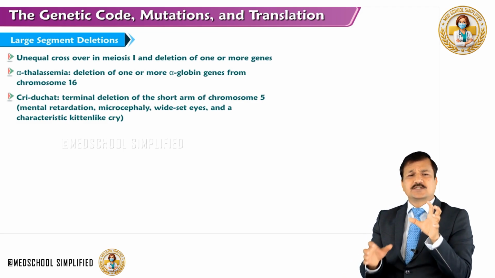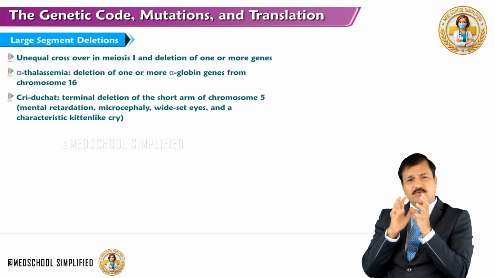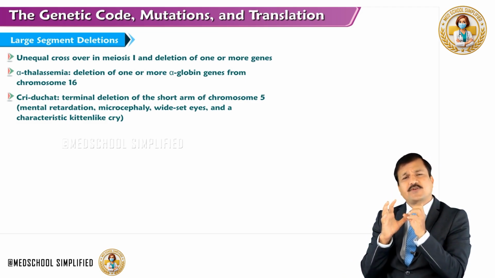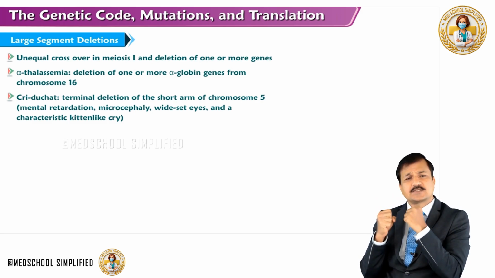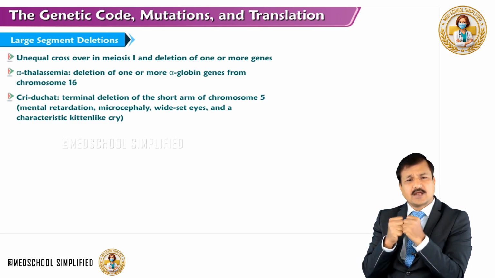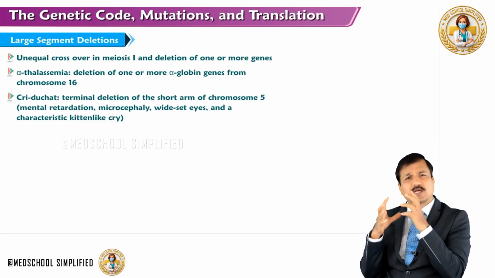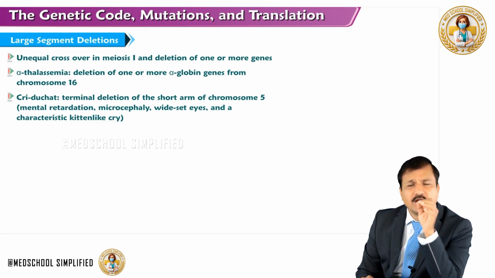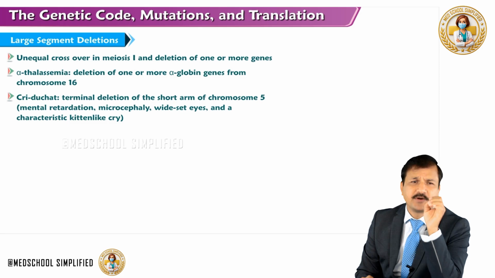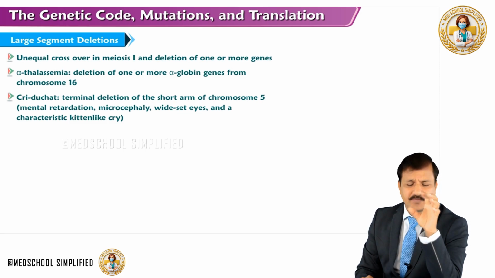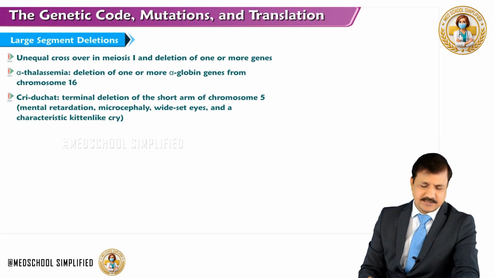Cri-du-chat syndrome, with mental retardation, microcephaly, wide-set eyes and a characteristic kitten-like cry, results from a terminal deletion of the short arm of chromosome number 5. This is about large segment deletion.